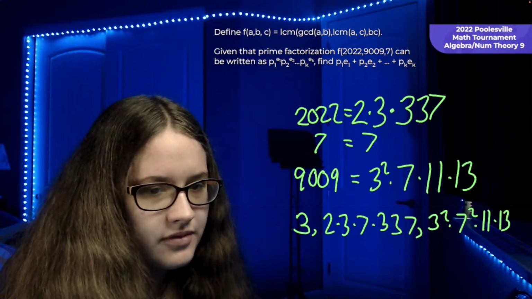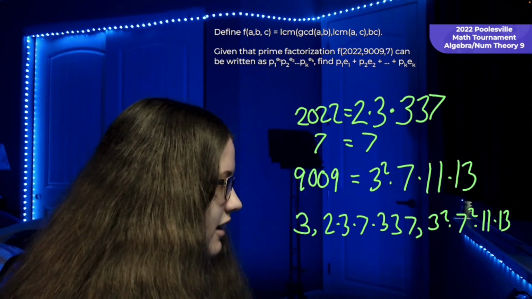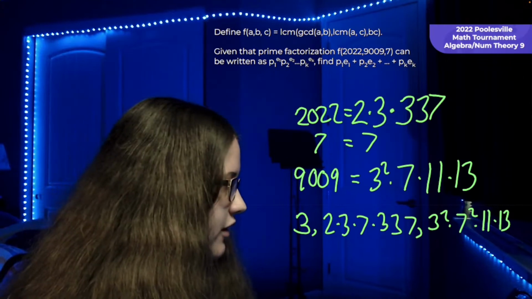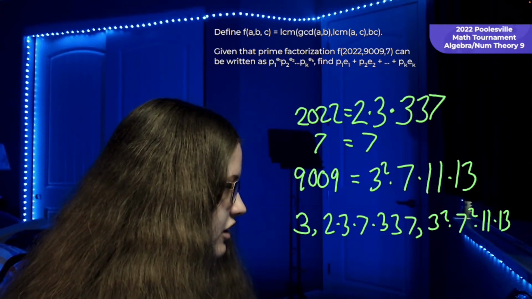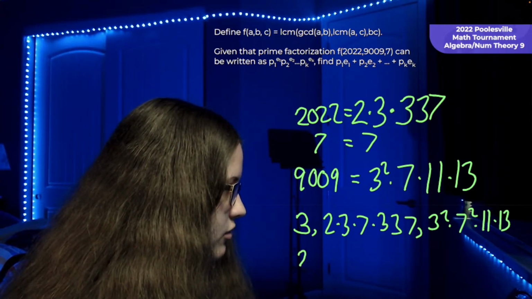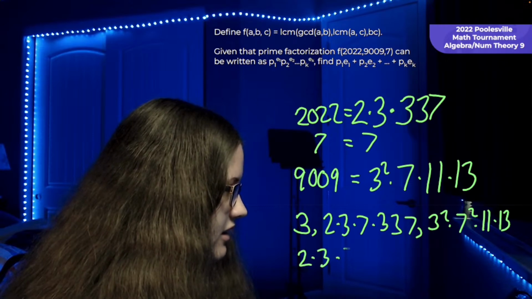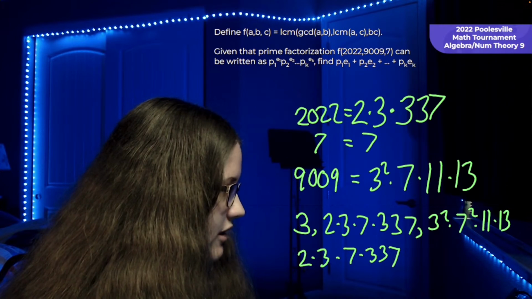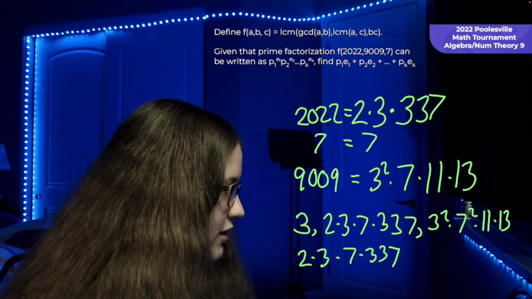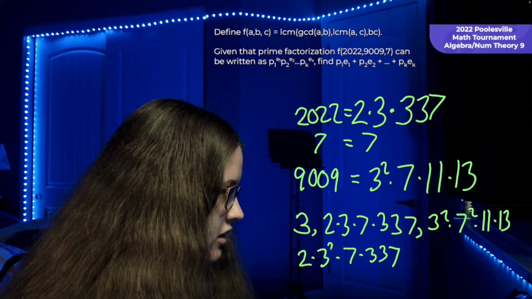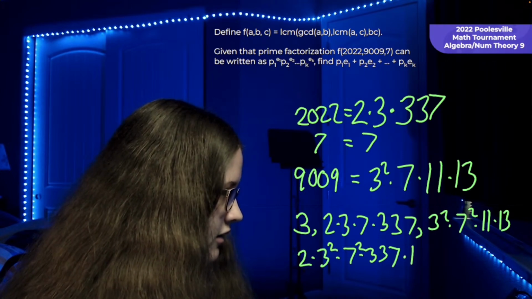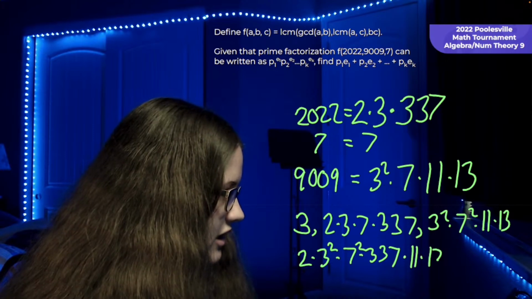So, now we just have to find the least common multiple of those. So it's going to have a 2, a 3, a 7, a 337. It's already got a 3 for the first one. We need 3 squared, moving on to the third one. 7 squared, an 11, and a 13.